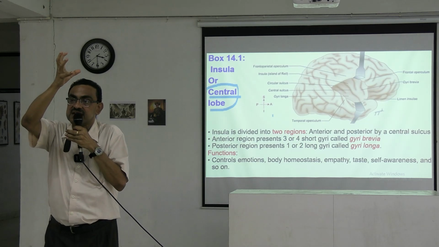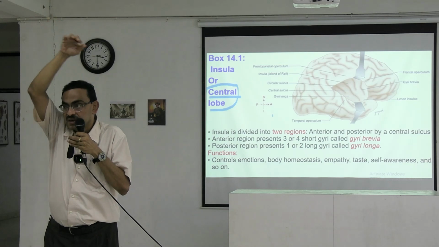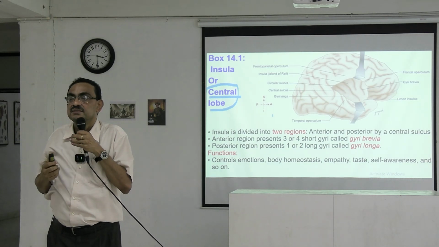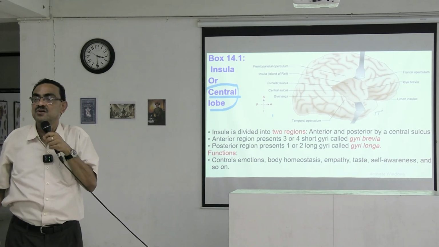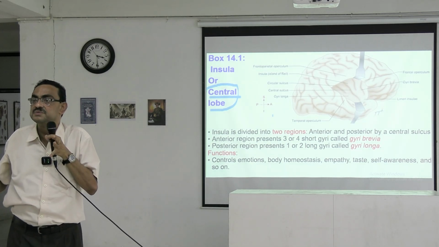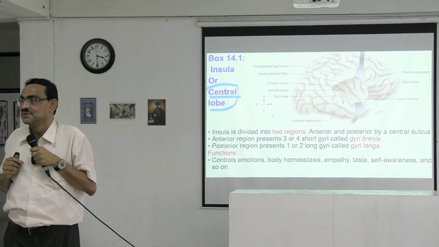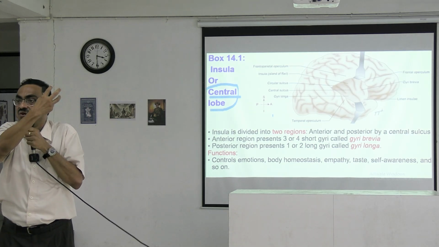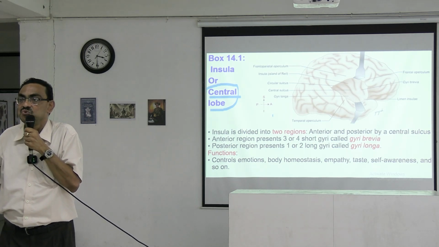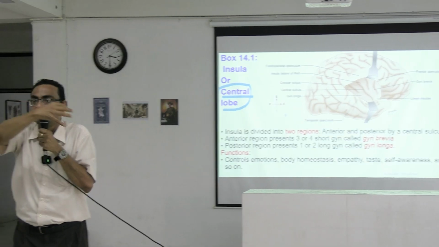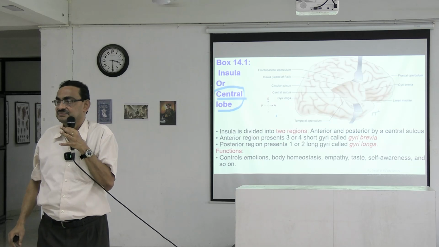Actually, it was present in the surface, but due to development of the surrounding lobes, it has been submerged by the surrounding lobes. That means frontal, parietal, occipital lobes. And ultimately, this lateral sulcus is formed. Actually, that lobe was present in the surface in the primitive times, but due to development of frontal lobe, parietal lobe, occipital and temporal lobe, it has gone inside.